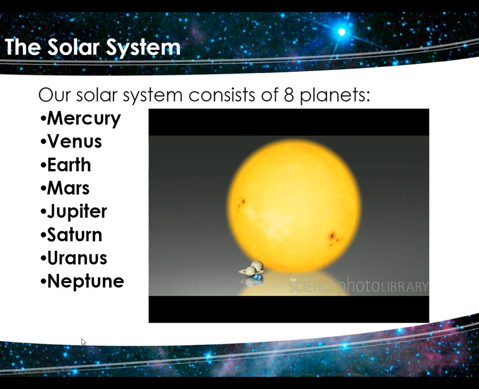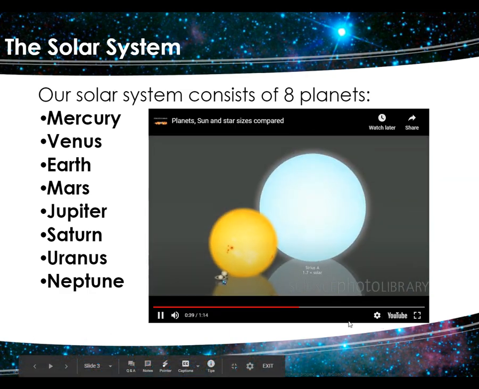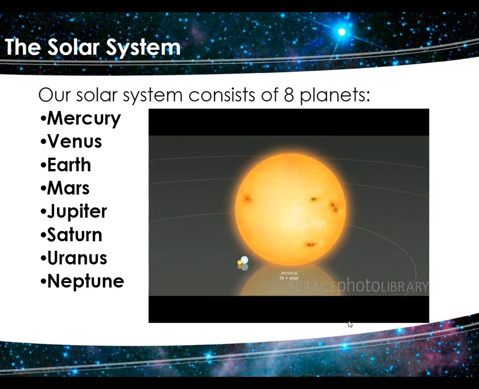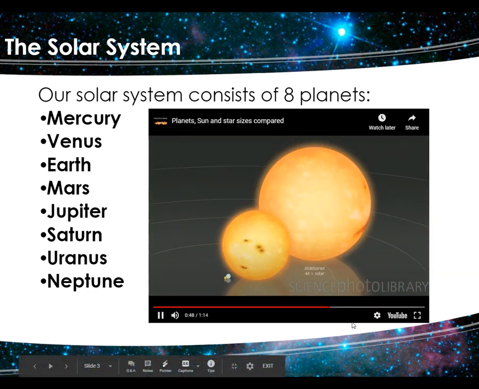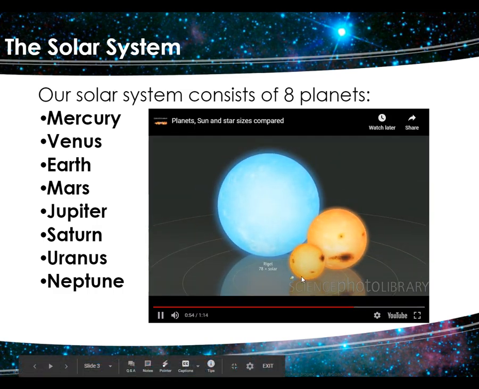Compared to the size of the sun, there's a massive difference in size. There's Sirius A, the larger star. Arcturus, that's a red giant. Aldebaran, which we've seen on our chart. Rigel.